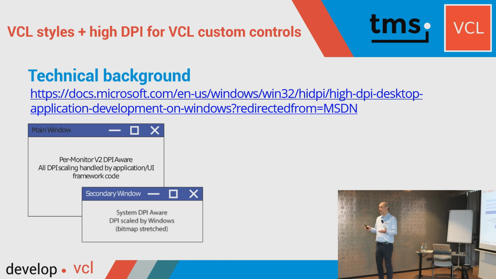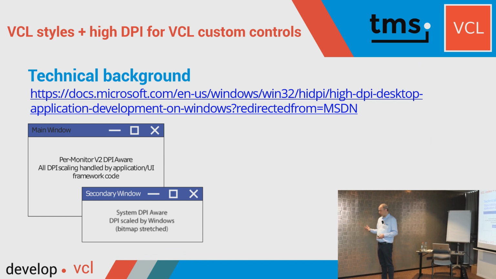Actually, there is the manifest, so that's a little resource in your executable. The manifest file is what Windows will check when your application, your executable, starts. And if in that manifest file there is no indication whatsoever that your application is high DPI enabled, then Windows will run that application at 96 DPI, but it will scale the form to match the DPI of the screen.